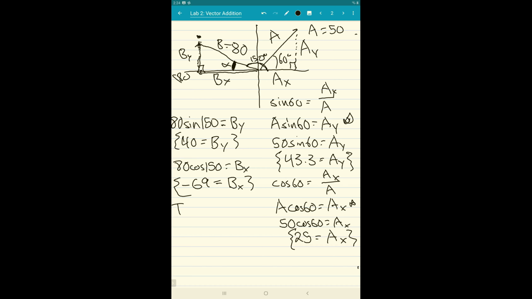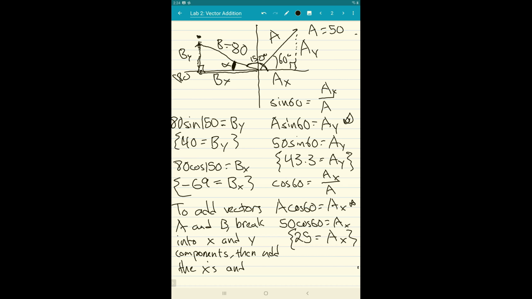To add vectors A and B, break into x and y components, then add the x's and add the y's, separately.